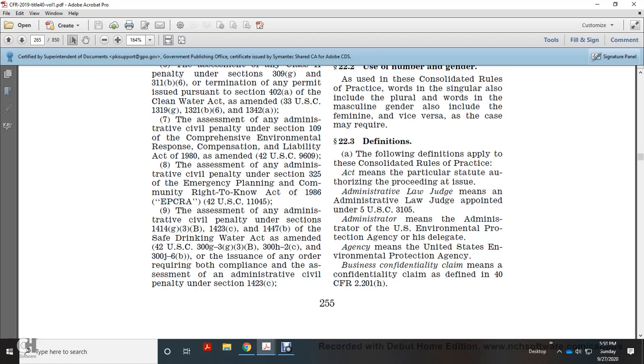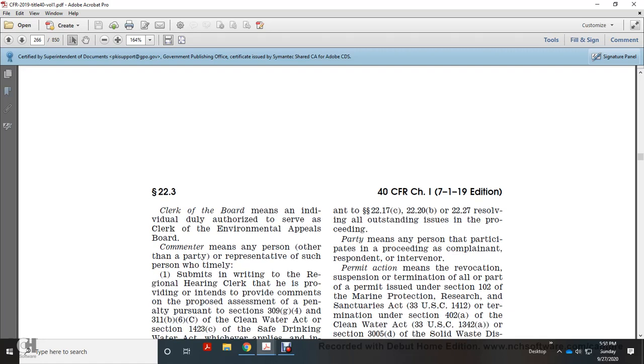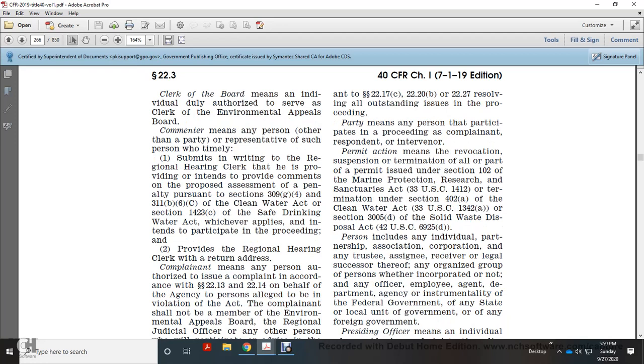Business confidential claim means a confidential business information claim as defined in Title 40 CFR 2.201(h). Clerk of the Board means the individual duly authorized to serve as clerk of the Environmental Appeals Board. Commenter means any person other than a party or representative of a party who will be timely: (1) submit in writing to the Regional Hearing Clerk that he is providing comments on the proposed assessment of a penalty pursuant to Sections 309(g)(4), 311(b)(6)(C) of the Clean Water Act or 1423(c) of the Safe Drinking Water Act, whichever applies, and (2) provide the Regional Hearing Clerk with a return address.